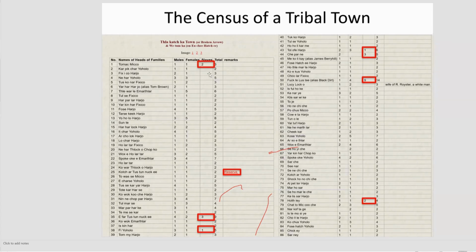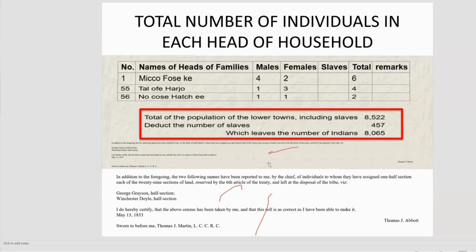And Tomac Miko had 2 slaves, so there are a total of 3 people in his family. All of this is about dissecting. What I'm looking for is slaves and more slaves to start off, because I'm trying to figure out the slave connection with the Native Americans in that time.